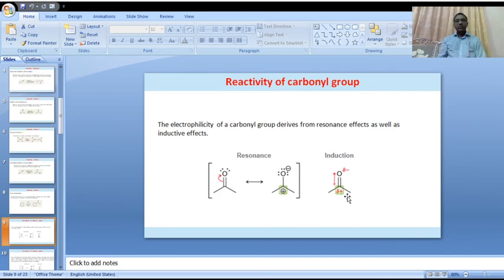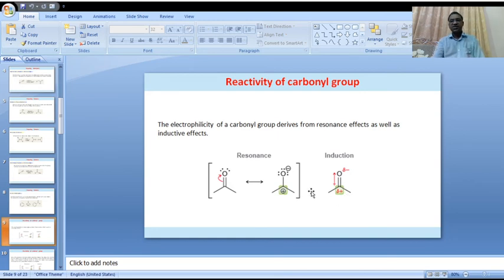Now let us go to reactivity of carbonyl compounds. The electrophilicity of a carbonyl group derives from resonance effect as well as inductive effect.